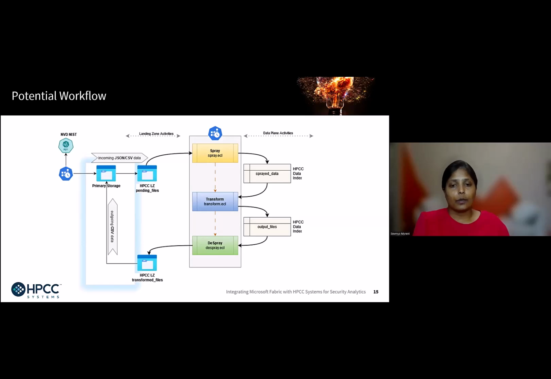And then here, once the transformation is done, you want to move the transformed files back to the primary storage, because this secondary storage, the HPCC storage, is for use by HPCC, and we do not want the AKS to be mounting the primary storage and running everything on there.